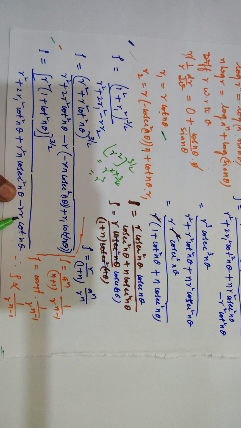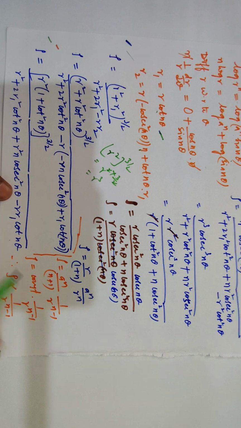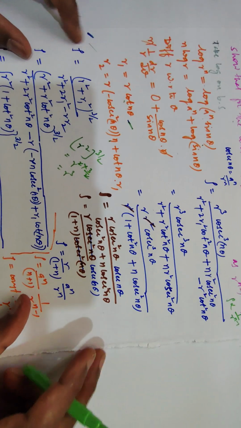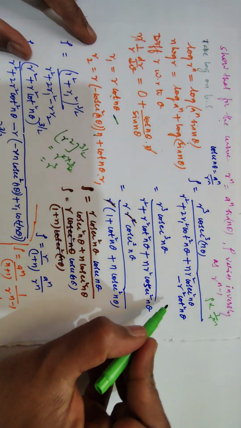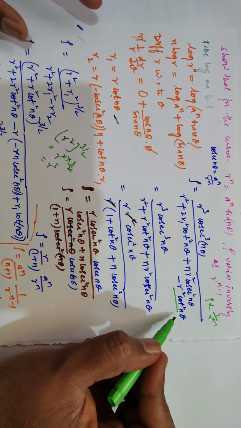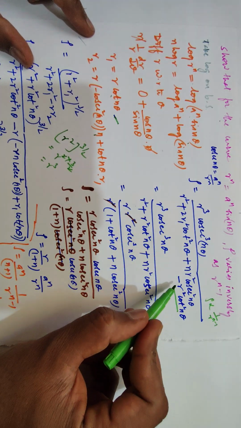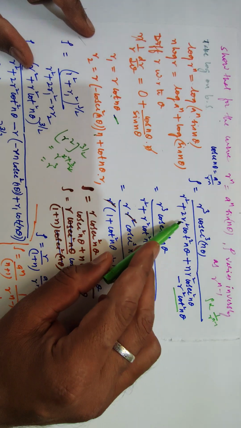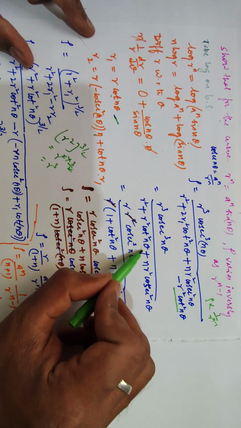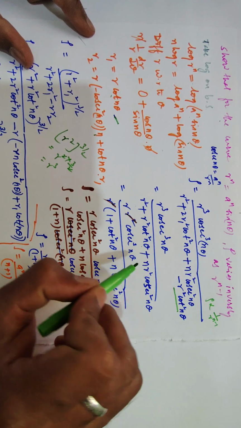You substitute here r cot n theta. r into r is r square, cot n theta into cot n theta is cot square n theta. So by using this, it will become r square cot square n theta. So 2r1 square cot square n theta minus r square cot square n theta becomes just r square cot square n theta. This term is as it is.